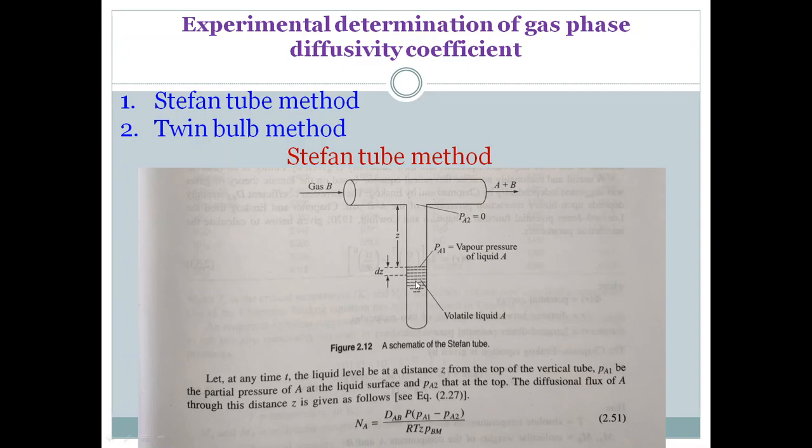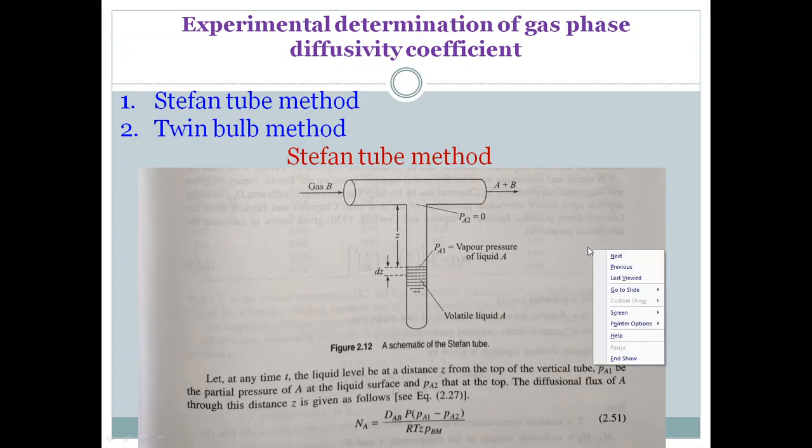Whatever is diffusing, the liquid level falls because of that. So this is liquid acetone and this is gas, so that level will fall. Now how many moles of solute diffuse in dt time? Let's say this is the cross-sectional area A times dz, this is the volume.